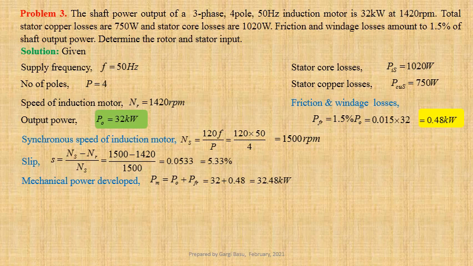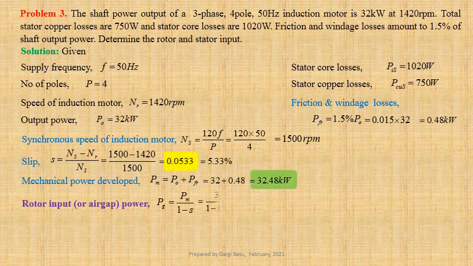32.48 kilowatt. Let us now calculate rotor input power or air gap power. Pg equals Pm divided by 1 minus S, that is equal to 32.48 divided by 1 minus 0.0533, that gives us 34.31 kilowatt.